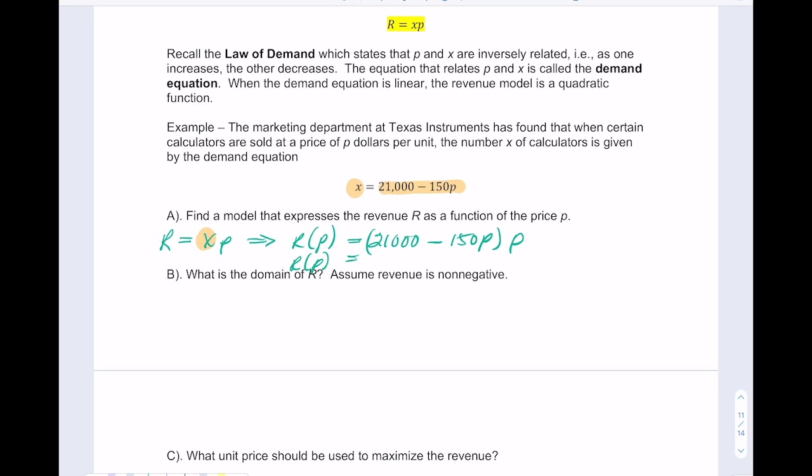P times 21,000 is just 21,000p, and P times negative 150p is negative 150p squared. So that's our actual equation.